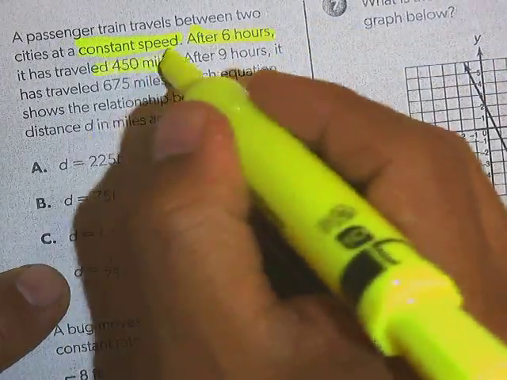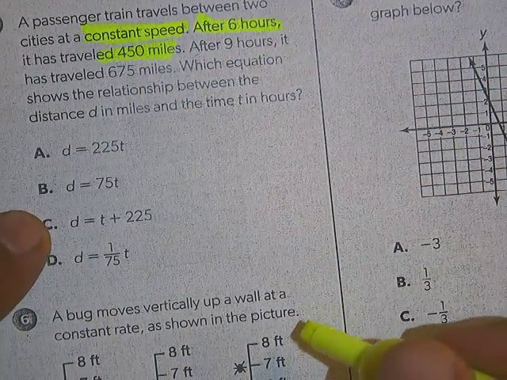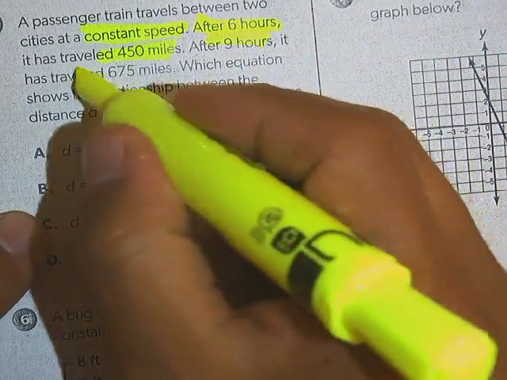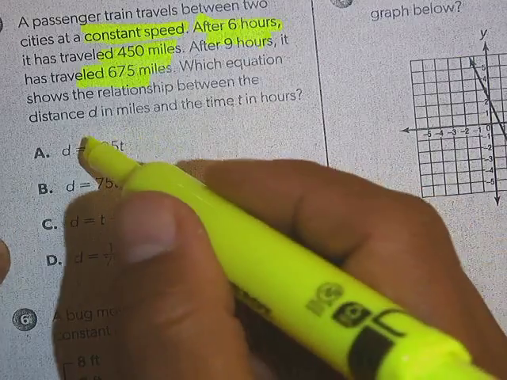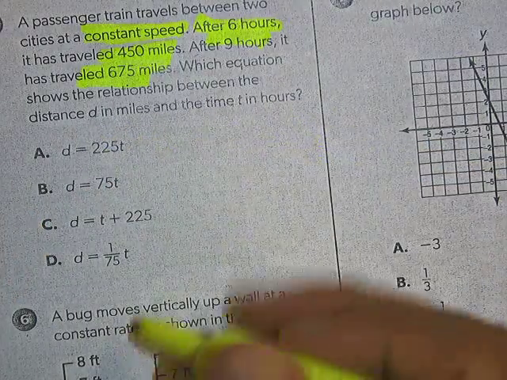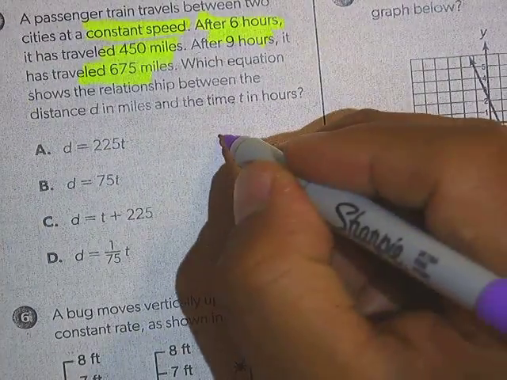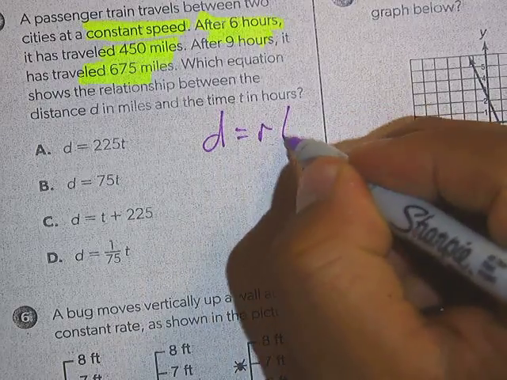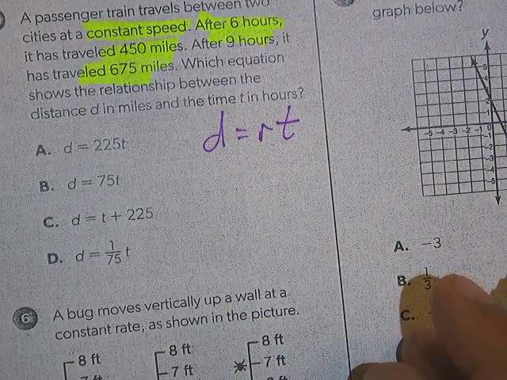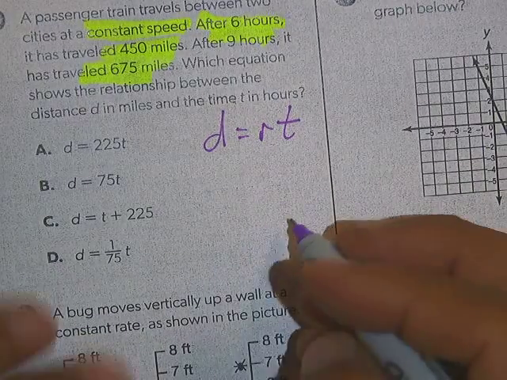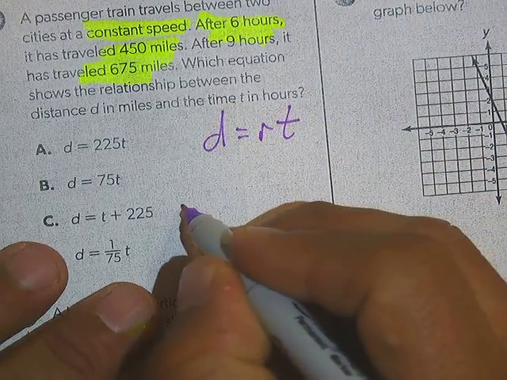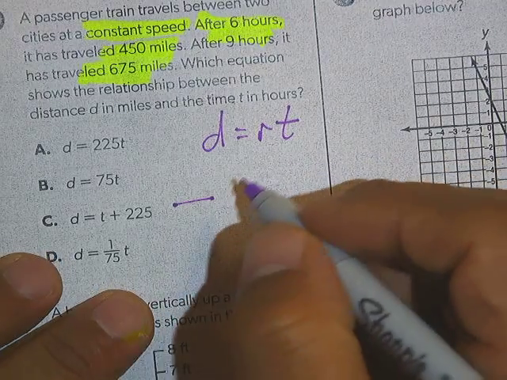Constante, velocidad constante. After 6 hours, después de 6 horas, it traveled 450 miles. After 9 hours, it has traveled 675 miles. Which equation shows the relationship between the distance, d, in miles, and the time in hours?